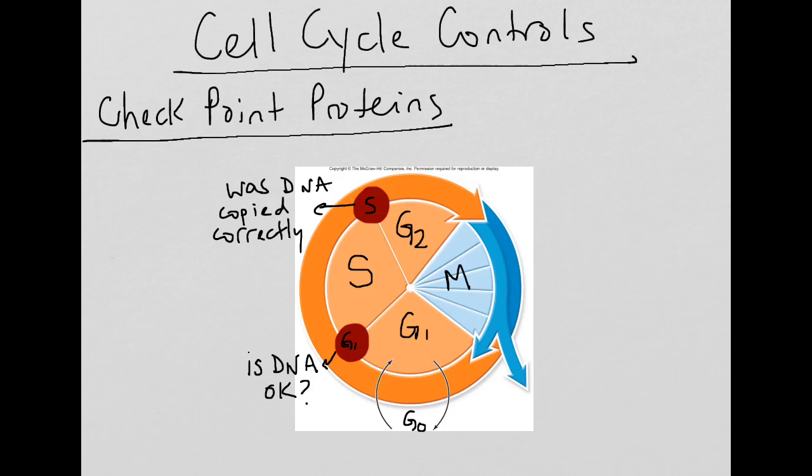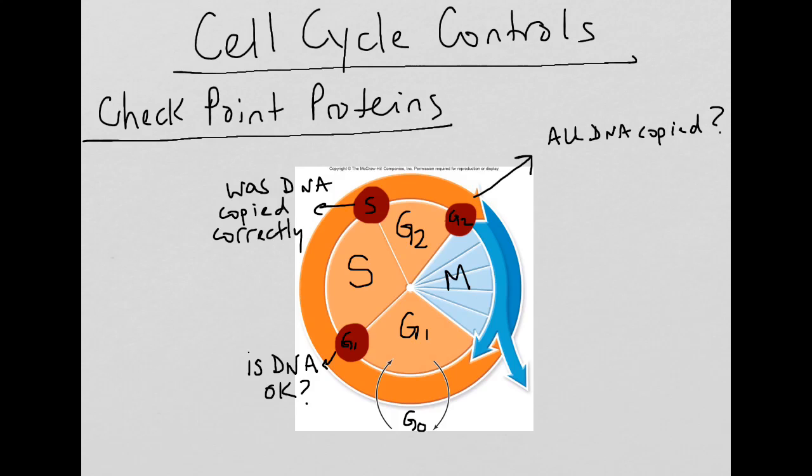We have a checkpoint between G2 and mitosis. And at that one, for G2, there's a couple things that we need to check. A lot of things have happened here. For this one, we're checking to make sure, did we copy all the DNA? Okay.